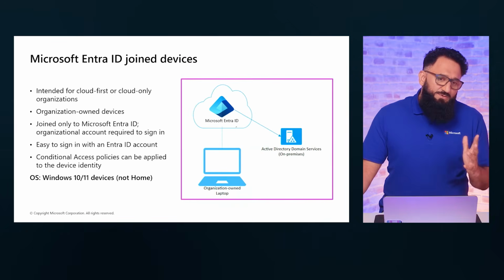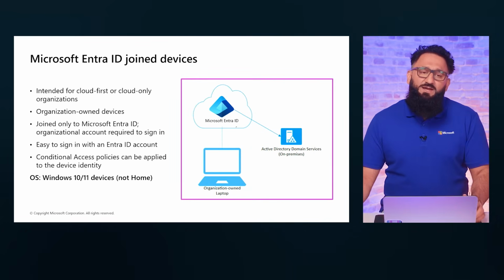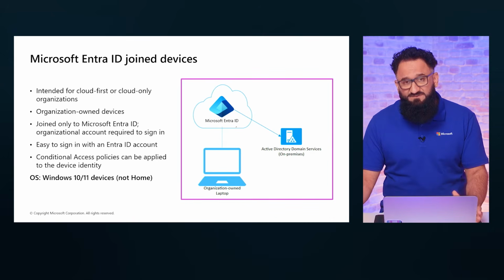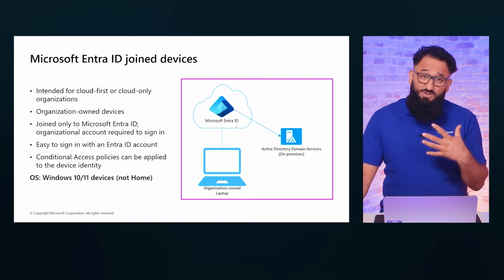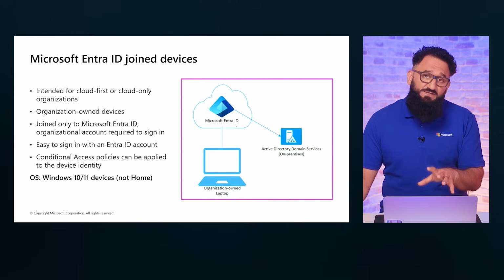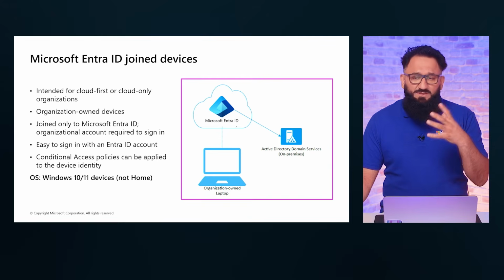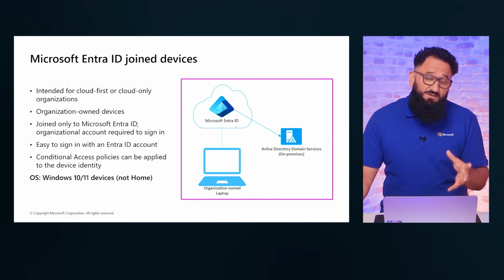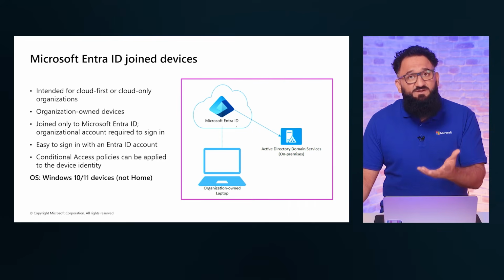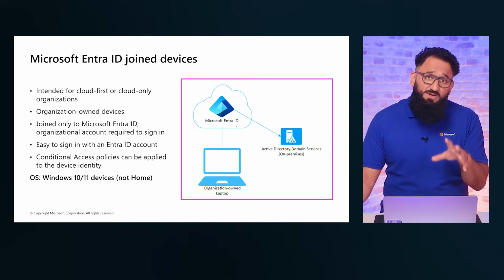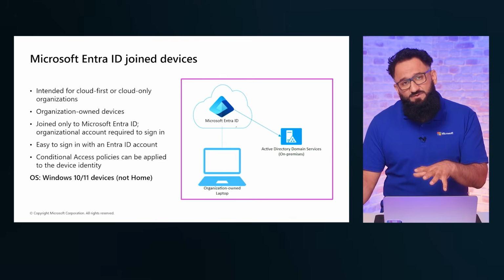Now, the other option that organizations have is to add a device as an Entra Identity Join device. This is a device that your company owns and they have full control over it. Simply adding the device to your organization or your setup in your cloud makes this device available for your Entra ID to fully manage it in your environment.